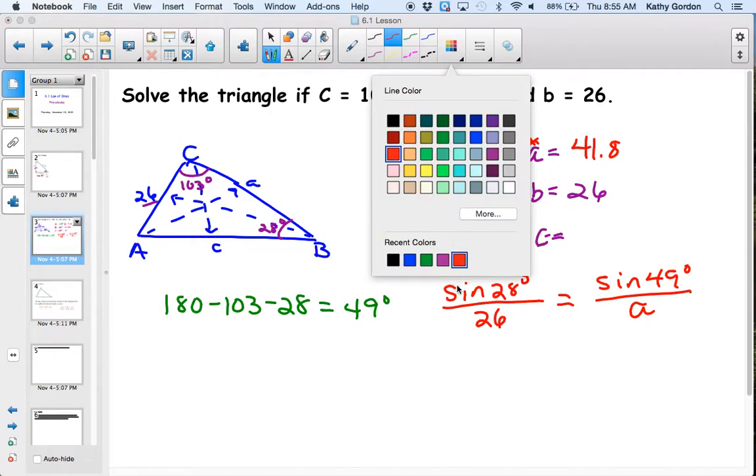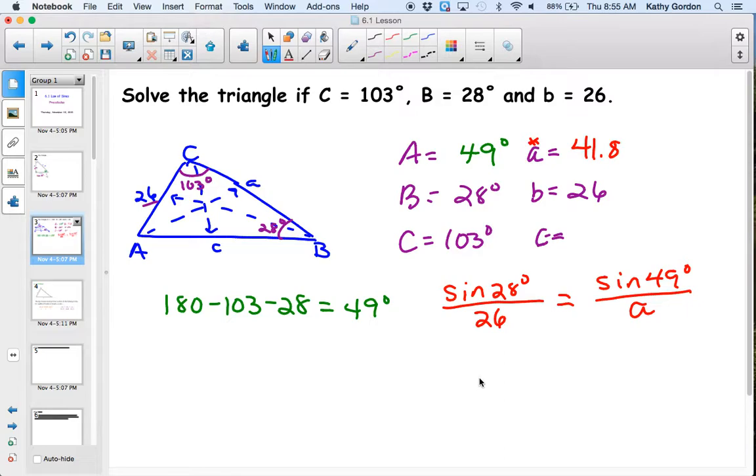So, let me find a color here I haven't used yet. We can start out with our sine of 28 over 26 again, because that one set what the ratio is supposed to be. But now I'm going to set it equal to the sine of 103 over my missing C side.